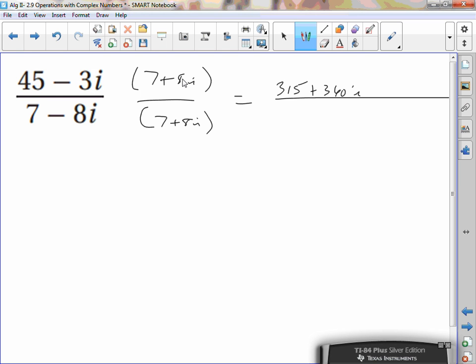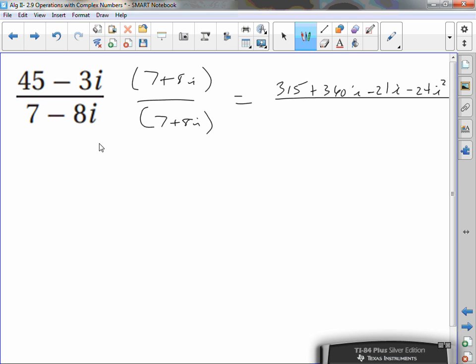Because it's 45 and I have plus. Now I'm doing this one now. Negative 3i times 7 is negative 21i. Negative 3i times 8i is negative 24i squared.